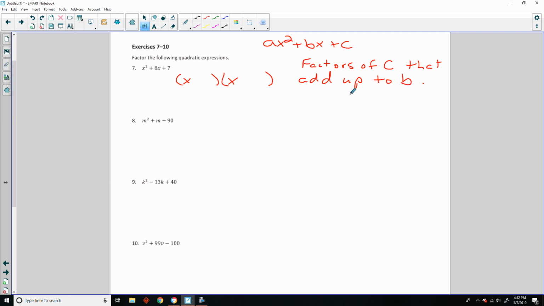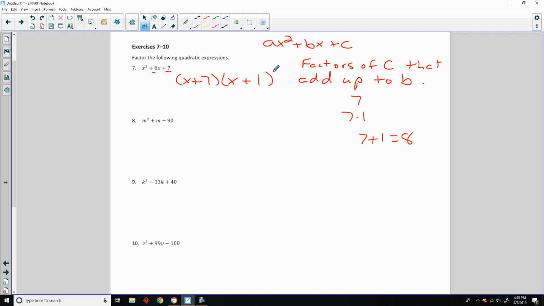So I'm looking for factors of 7. Well, 7 is 7 times 1. And then we add them. 7 plus 1 equals 8. Well, there's my 8. So I know my factors are 7 and 1. And since everything's positive, it's plus, plus. Factors of c that add up to b.